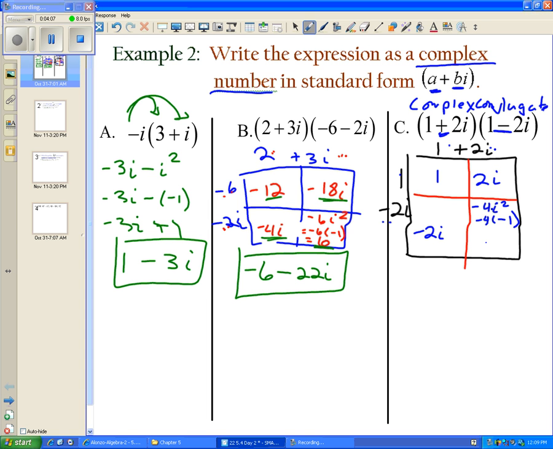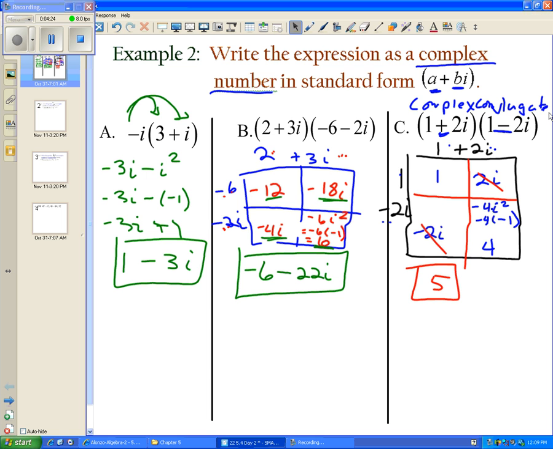Negative 4 times a negative 1 is 4. Combine like terms. 2i minus 2i cancels. 1 plus 4 is 5. So my answer is a real number, the number 5.